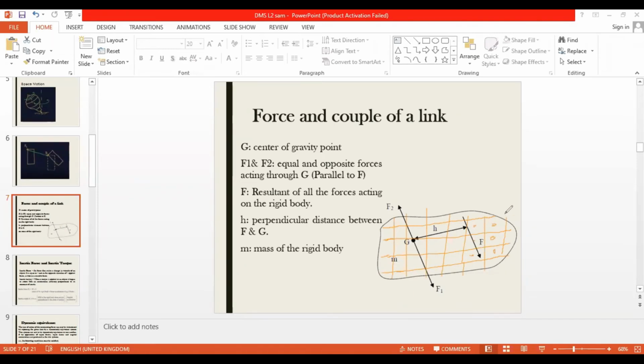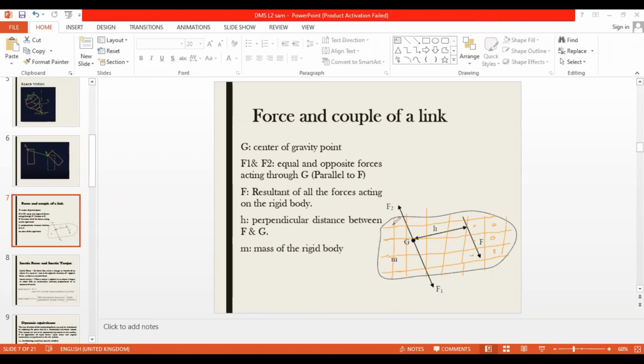This small piece has its center of gravity here. This small piece has its center of gravity here. This small piece has its center of gravity here. When you combine all the small particles, where the actual center of gravity is acting is the center of gravity of that particular body.